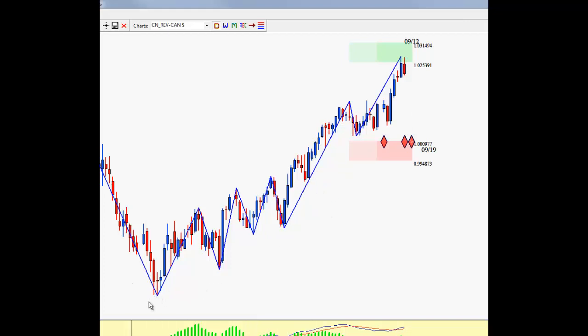Now, as this particular bull trend in the Canadian dollar was getting underway, let's take, for example, the first two-bar swing top here that you see.